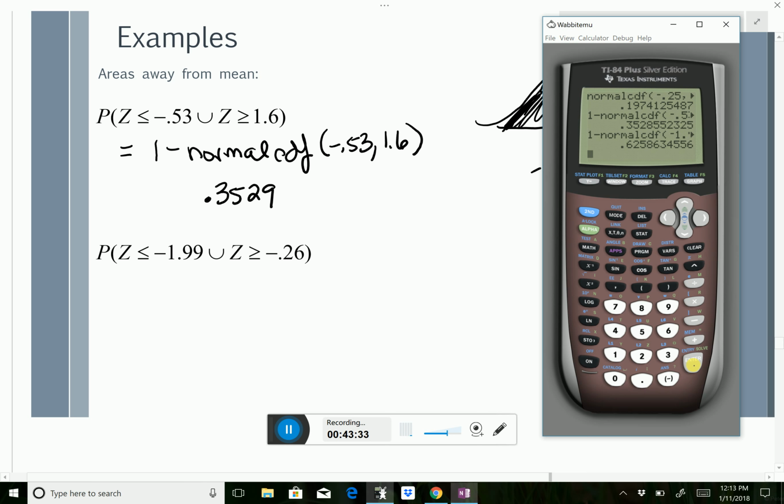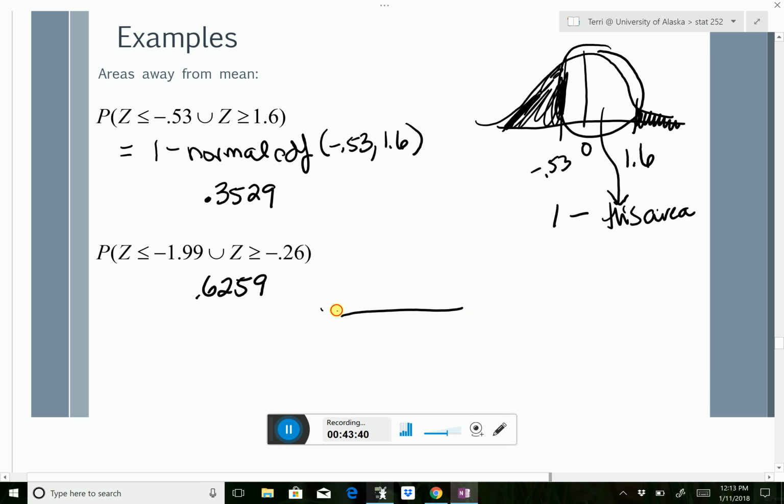It is 0.6259. Because if you think about that one, here's negative 1.99, here's negative 0.26. We want this whole thing plus this little tail. So definitely going to be more than 0.5.